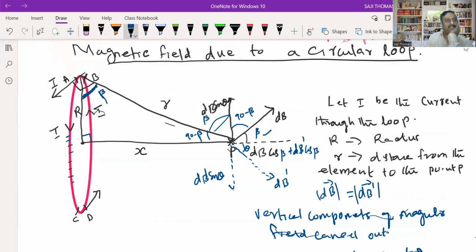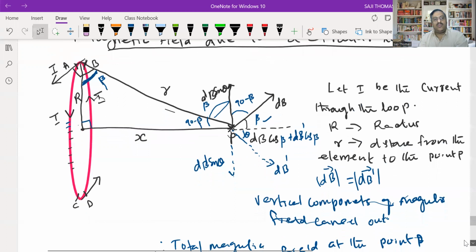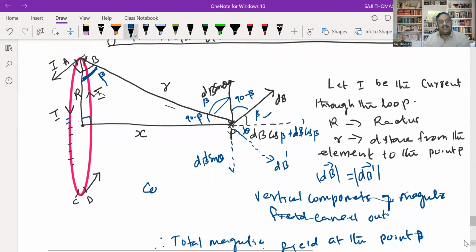Cos beta will be adjacent by hypotenuse. Adjacent is the radius, capital R, by small r. So cos beta can be written as capital R by small r.